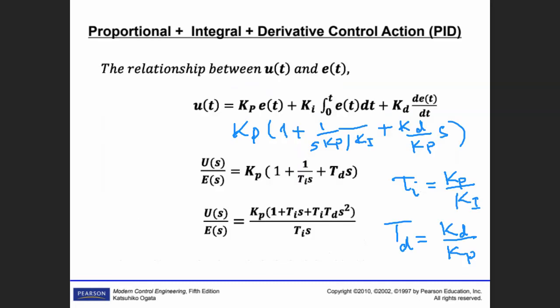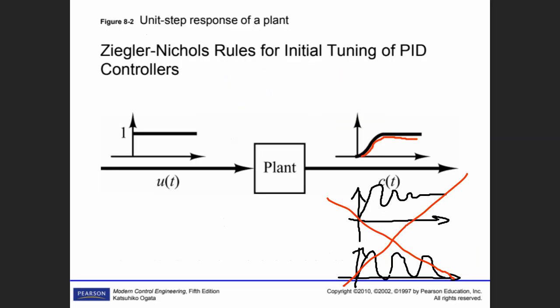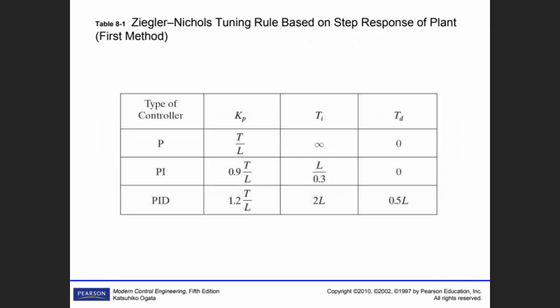Ki is zero means I don't have an integral controller. If you don't have an integral controller and Kd is zero, if you don't have any derivative controller, it means only the proportional controller is available. So that means you haven't got any integral controller and you haven't got any derivative controller.